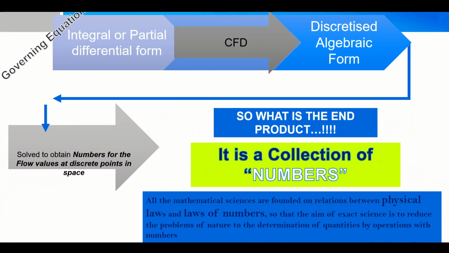Now this is what is happening in CFD. This is a simple process which I have just tabulated over here or created in the form of a representation. Now what's happening is the governing equations which I've mentioned in the previous slide are present in the form of integral or partial differential forms.